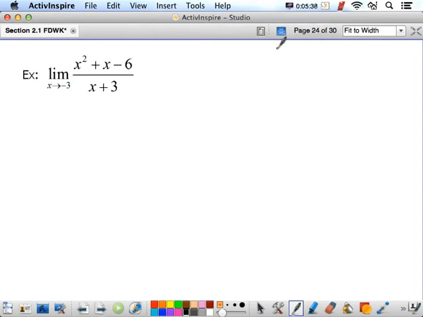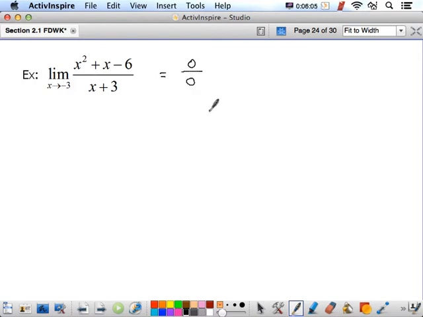So let's look at the second example. We have the limit as x approaches -3 of x² + x - 6 all over x + 3. So we're trying to approach -3, right? -3. I missed that, sorry. If we substitute -3 in on top, we get 9 minus 3 is 6, 6 minus 6 is 0 over 0, of course.